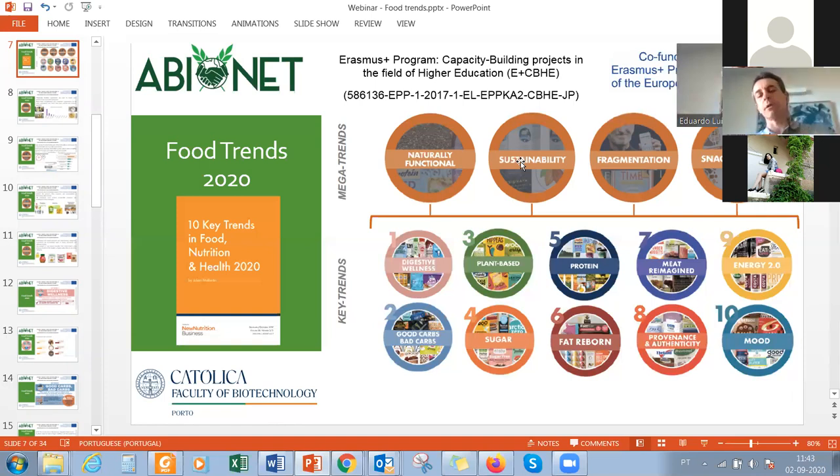We saw sustainability in very many other sources of information. So if we look at different approaches, different methodologies to identify food trends, some of the trends are the same. Even if we look from different perspectives, some of the final trends will not be too different between them. So, sustainability.